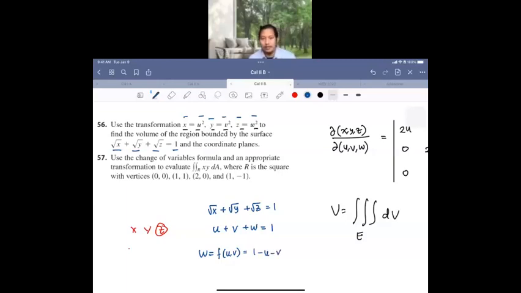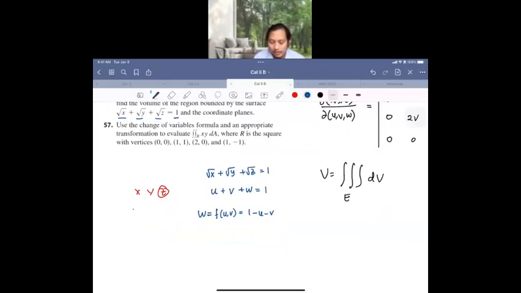Okay, we could make that. And also we have a correlation here on the intersections, that v is a function of u, so 1 minus u.